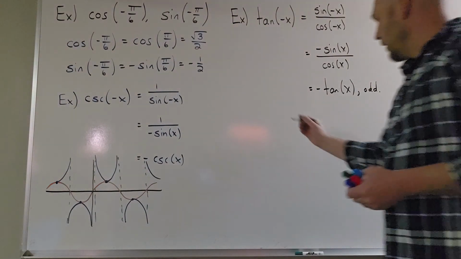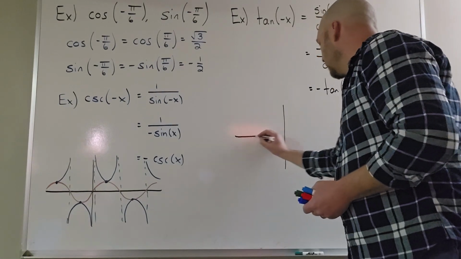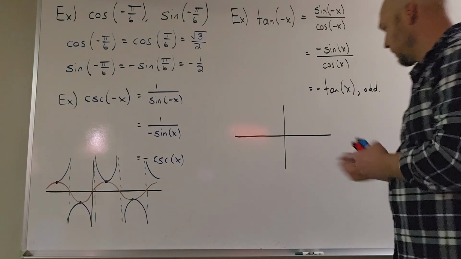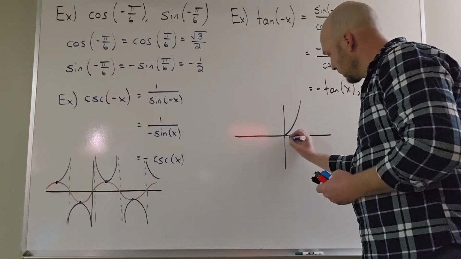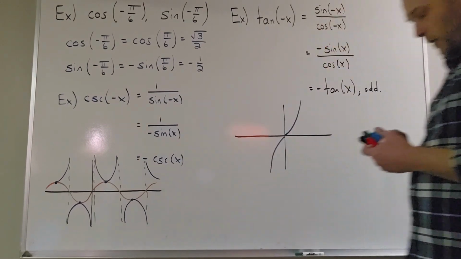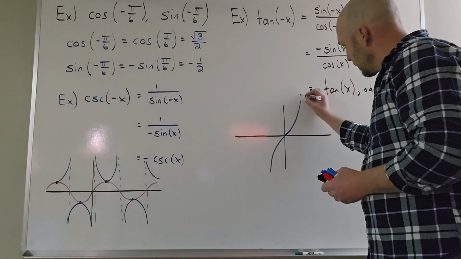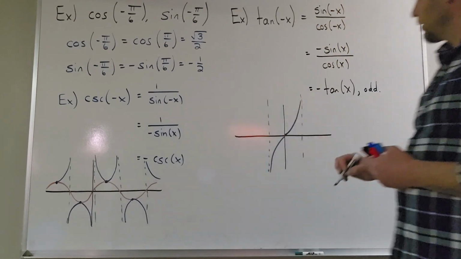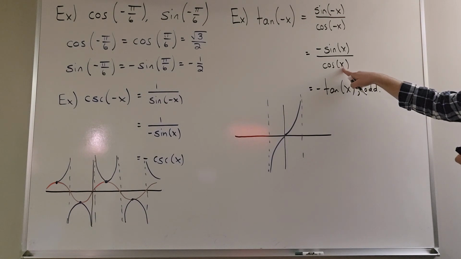Let's verify with the graph. Again, the graph of the tangent is a standard curve that you will see. Let's take a look at what it looks like. Remember that there are vertical asymptotes here, which would occur when the denominator is 0, meaning at odd multiples of pi over 2.